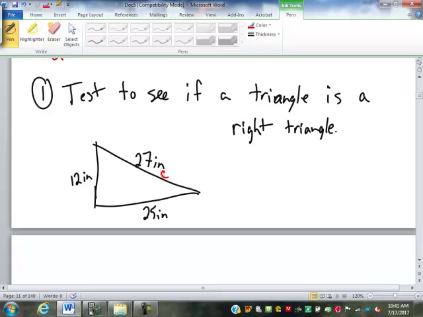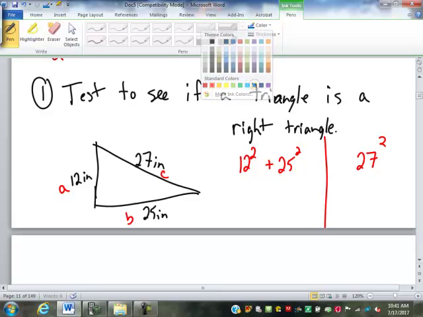The hypotenuse would always be the largest side. So here, if this is a right triangle, 27 would have to be the hypotenuse. So the other ones would have to be sides A and B. So that means 12 squared plus 25 squared would have to equal 27 squared. Now you notice I didn't put an equal sign in there yet because I don't know if they're equal.